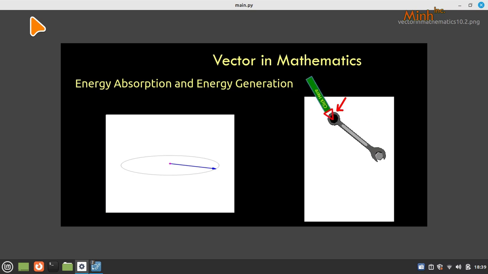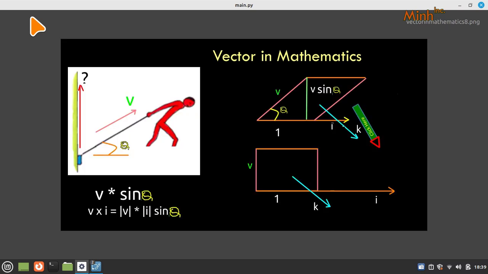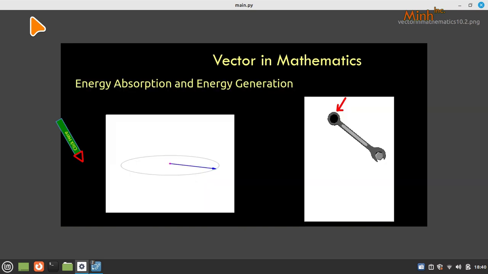Someone is applying force here. Force is coming as a torque here, in the y direction, the way we talk of sin theta, like this guy is pulling. And torque is converted into a perpendicular direction as a kind of normal vector.